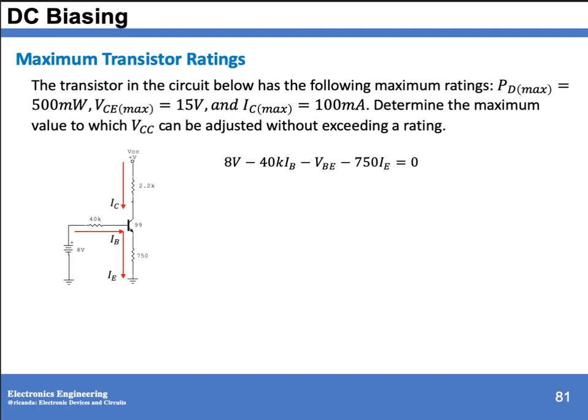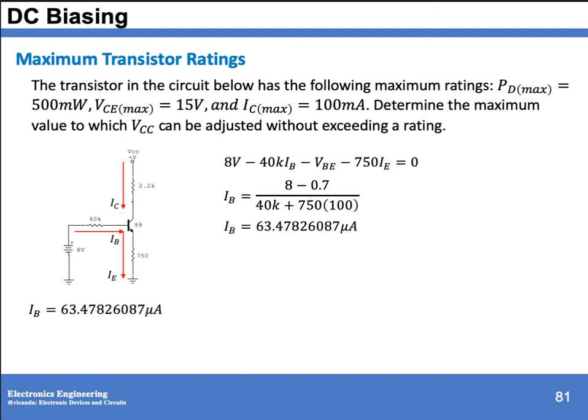Given beta is 99, therefore IB is equal to (8 minus 0.7) over (40k plus 750 times (beta plus 1)), so 99 plus 1. So we now have IB equivalent to 63.47826087 microamperes. And your IC is equal to beta IB.